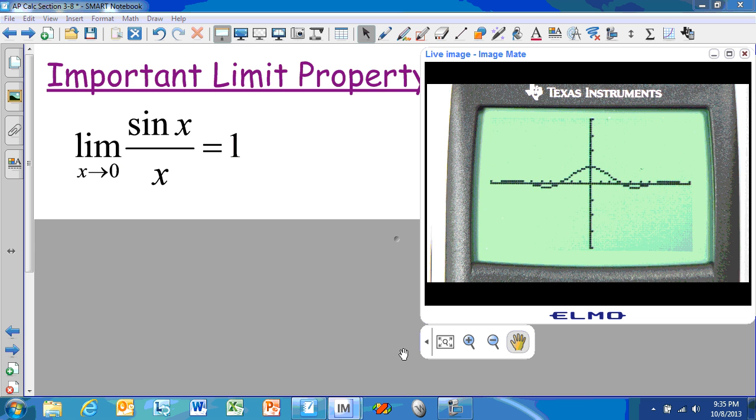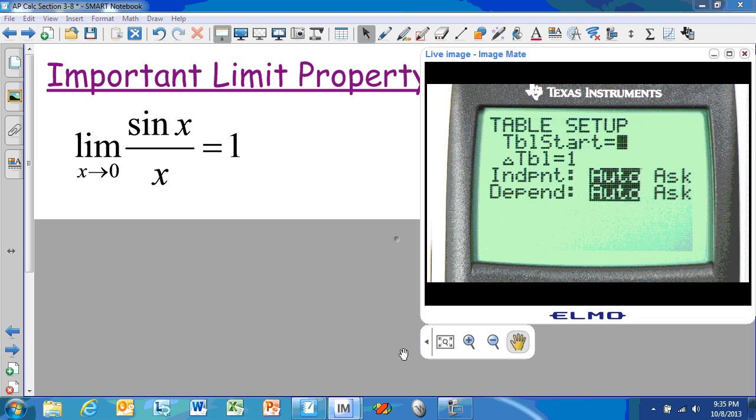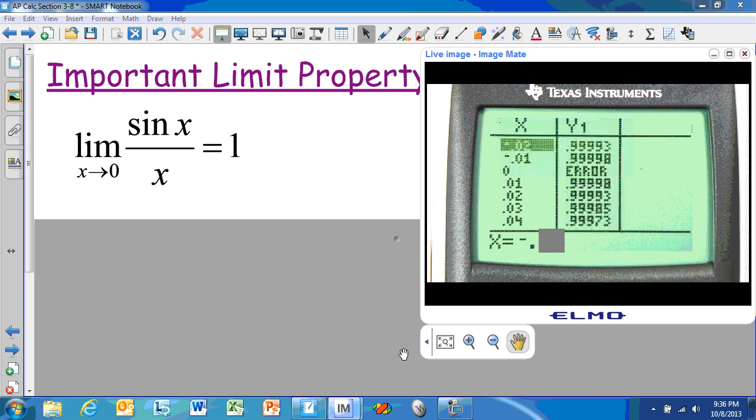You can also do this numerically by using your table. Let me just start my table at 0, and I'll make a really, really small change in my table, like 0.01. I'll go to the table and have it generate a list of values. I'll scroll back a little bit so you can see the values that we're approaching from both the left and the right side of 0.